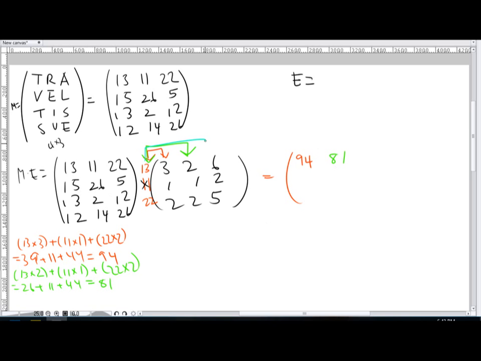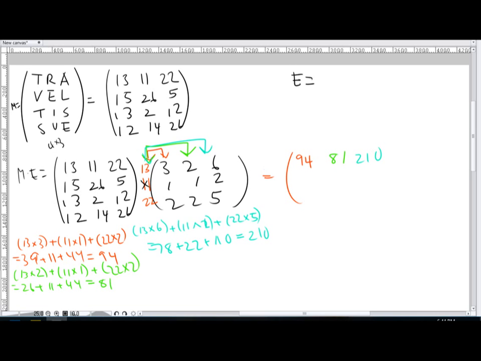And you do this again with the third column, so 13 times 6 plus 11 times 2 plus 22 times 5, and that equals 78 plus 22 plus 110, and if you add that, it becomes 210.